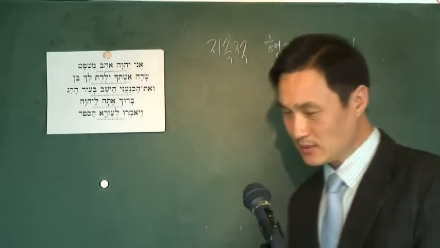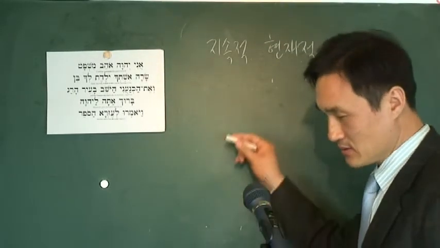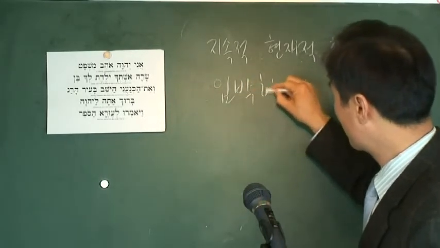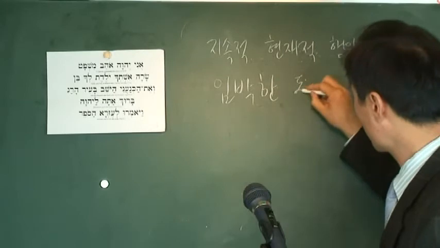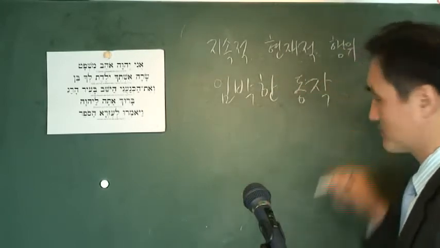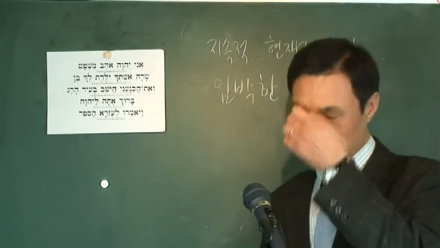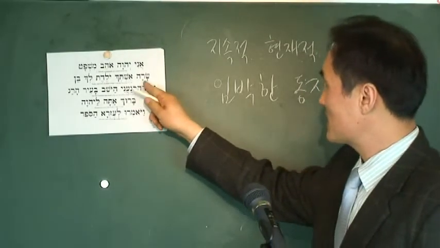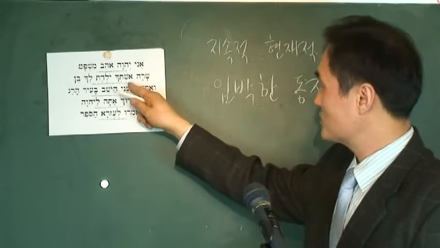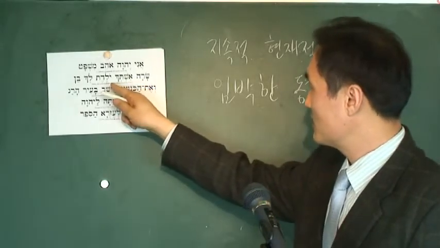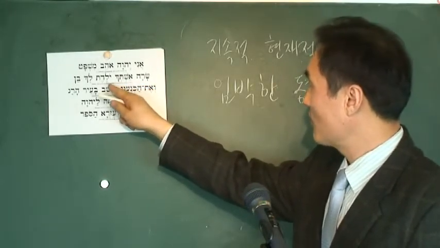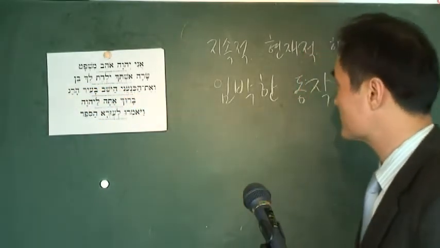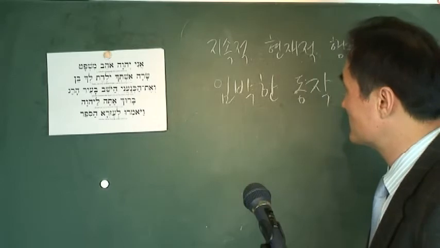Second, a participle expresses an impending action. The second sentence is Sarah ishtekha yoledet lekha ben.